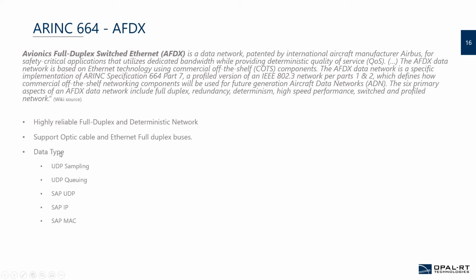What we usually saw is the data types that we have in the AFDX, like UDP, sampling, queuing, the ACP, point-to-point UDP, IP, and MAC. So basically, you have sampling and queuing as a bus, or you can have two devices talking to each other with UDP on IP or MAC.